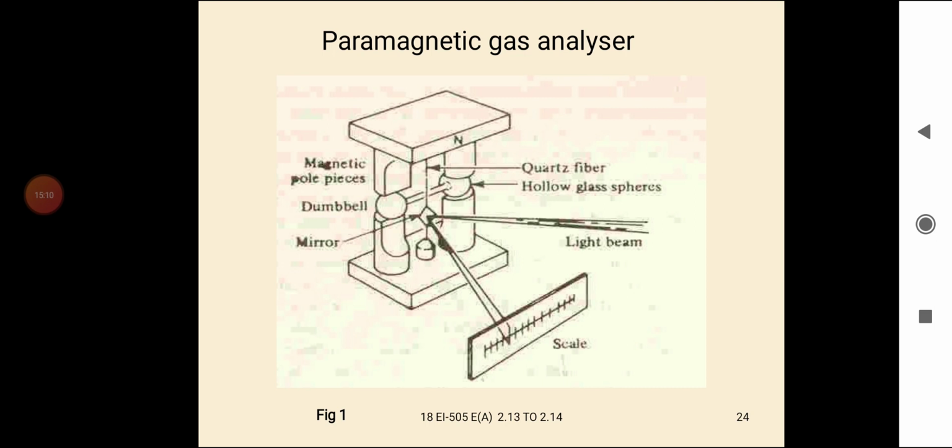They are suspended in the magnetic field through a quartz optical fiber. A mirror is attached to the optical fiber.